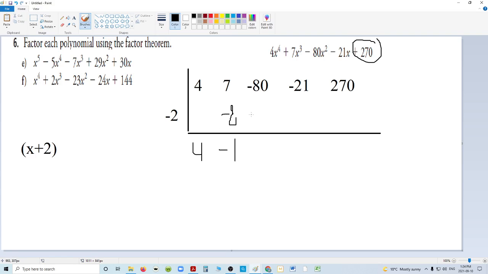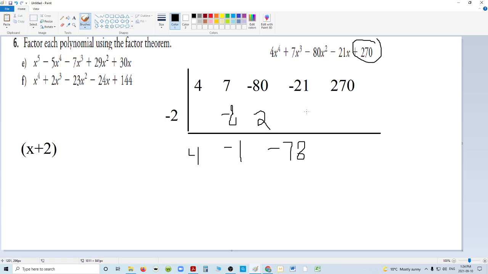-2 times -1 is positive 2. Oh, and look at that, I did it again. It wasn't x. No, I got it right. It was -2 is the root. So I got 4, minus 8, positive 1, times -1, times -2 becomes positive 2. When I add that, I get -78.